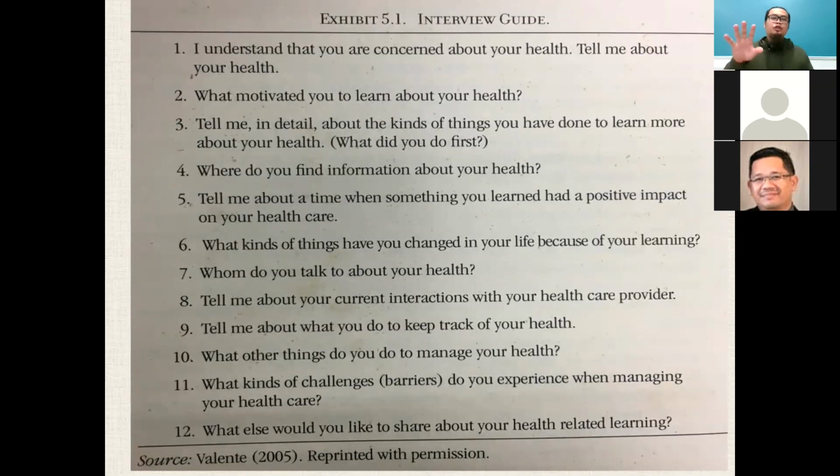You can use Zoom or Meet or WebEx. But the most important thing is you need to prepare before the interview. You do not go straight to the interview. You need to contact the potential participants first and build a good relationship, like rapport.